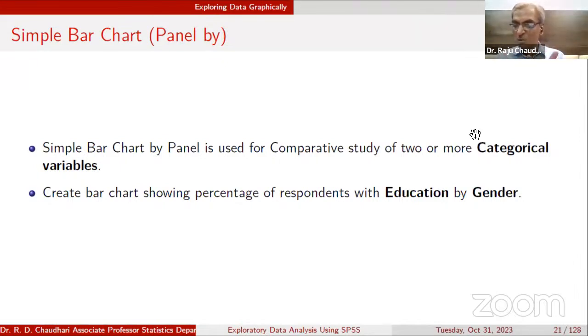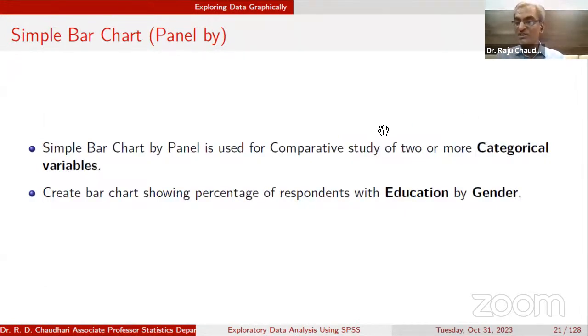But I want to compare two categorical variables simultaneously, panel-wise. When you want to compare two categorical variables, you can use a multiple bar chart or a stacked bar chart. Try to understand the difference between the multiple bar chart and the bar chart with a panel. I will show you how to do that.